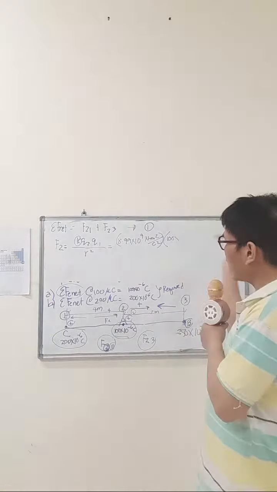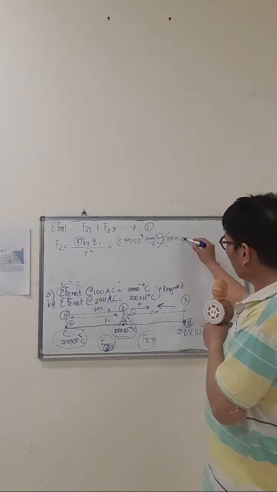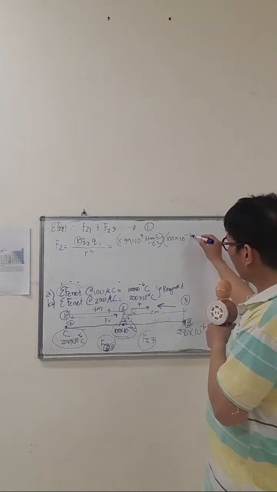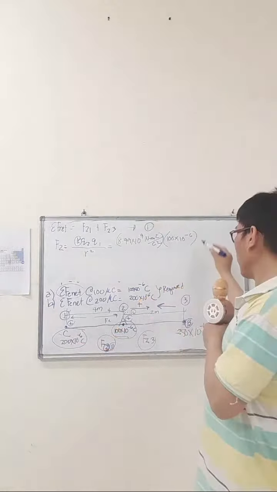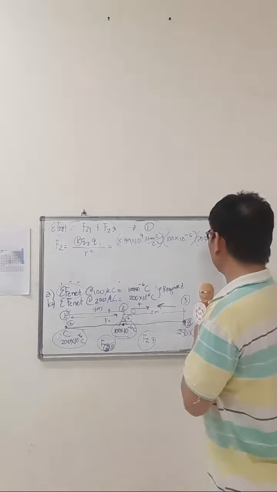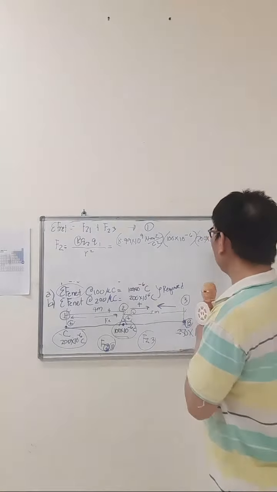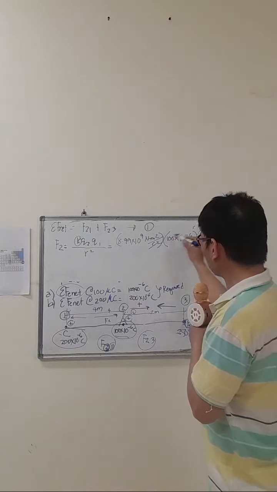Every time you write, you have to be extra careful with the sign because you will be wrong. Q1 is here, 200 times 10 to the negative 6. And this coulomb squared cancels.